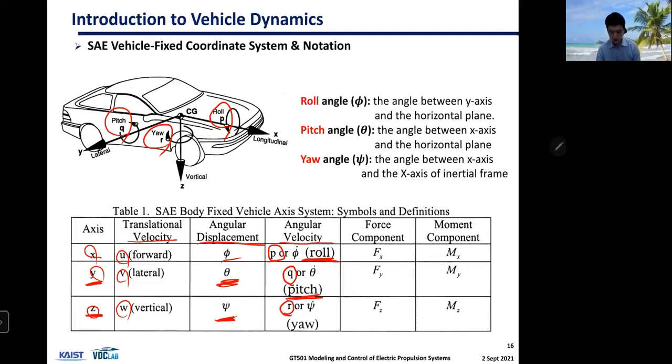So p roll, q pitch, r yaw. And then there are force and moments acting on the body. We have longitudinal force, lateral force, z direction force. We have x direction moment, y directional moment, and z direction moment.